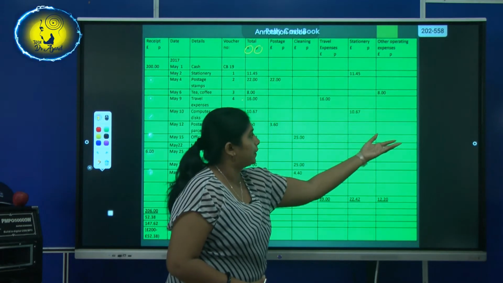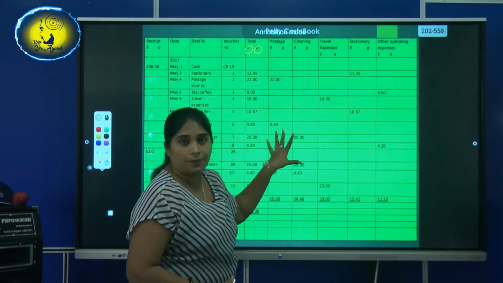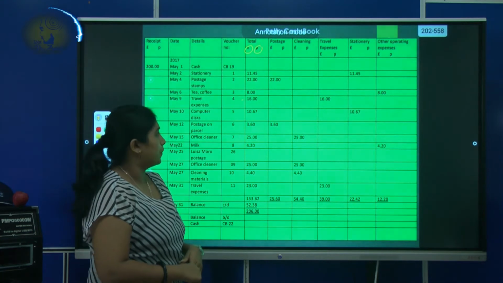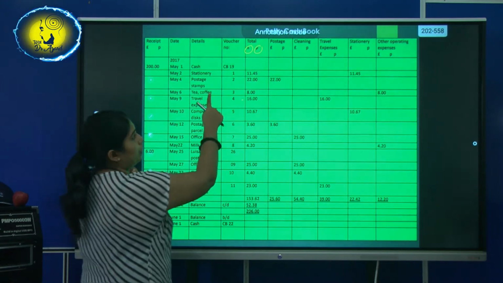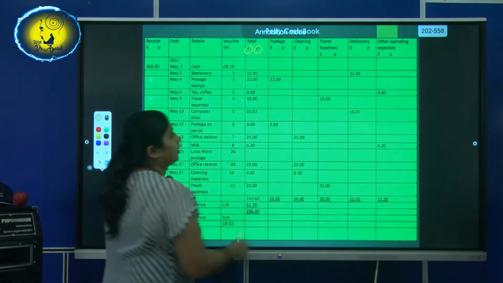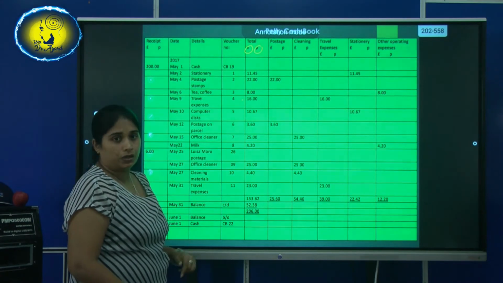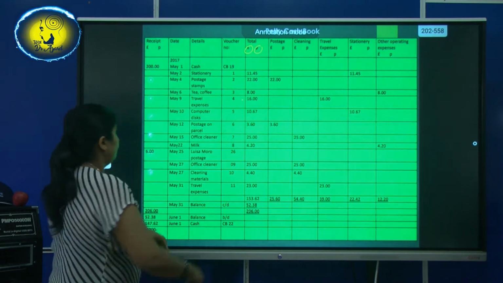Other operating expenses means the amounts which do not relate to the other 4 columns will be included in the other operating expenses. So here they have spent on stationery, which is included in the stationery column. So you write the amount first in the total column and then in the specific column.